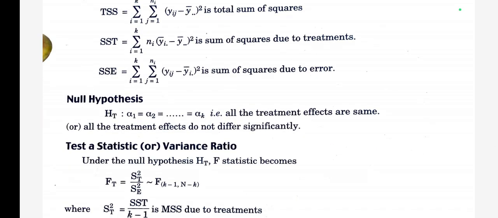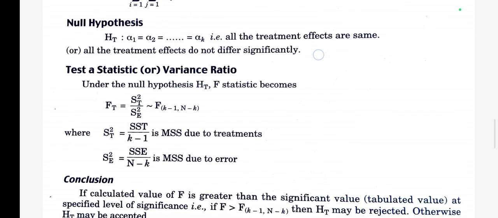Y bar dot dot is the overall mean. The variation can be split as TSS = SST + SSE, which we already know from ANOVA one-way classification. The null hypothesis is that all the treatments are giving equal outputs, that is, sigma 1 equals sigma 2 equals sigma k, and so on. You have the calculated values.